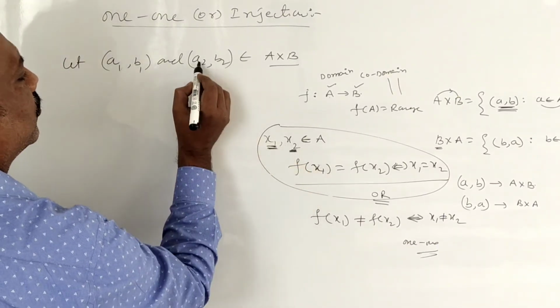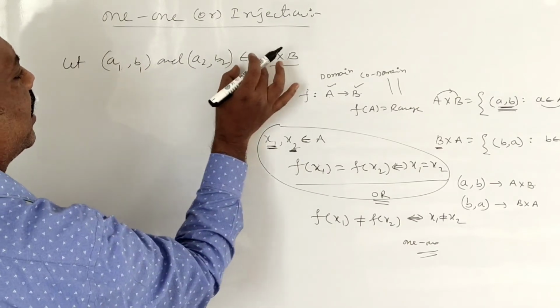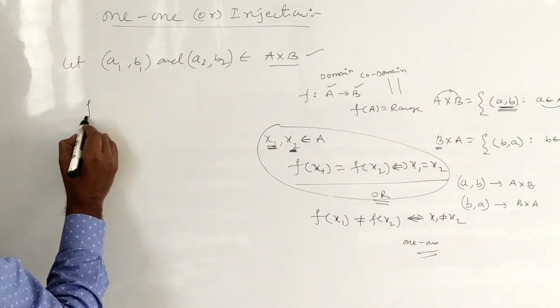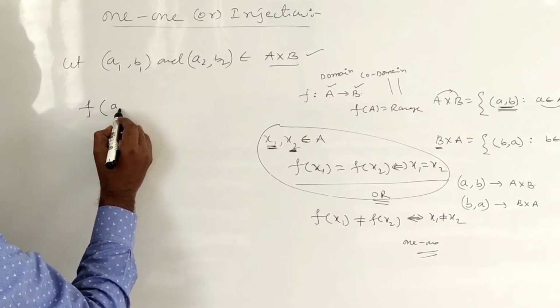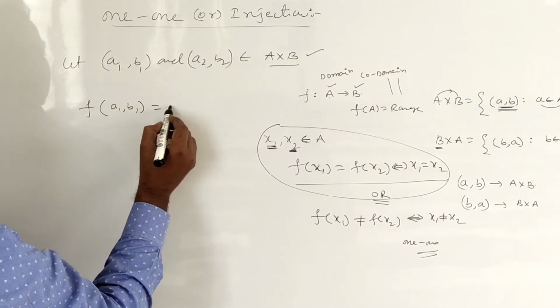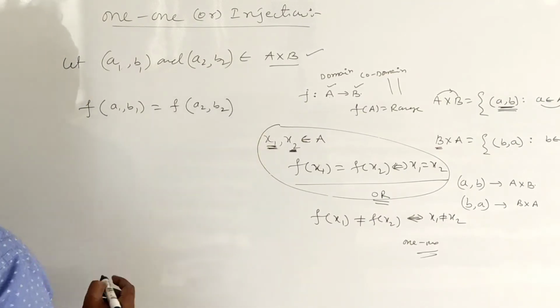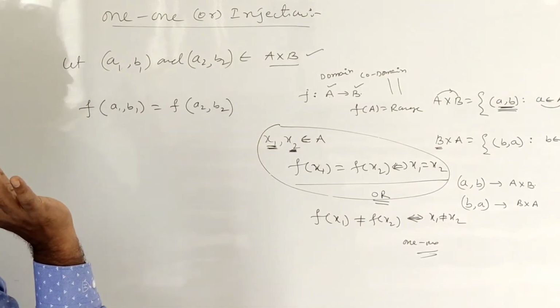If there is a 2, A2, B2. These two elements in A cross B have to satisfy f of A1, B1 equal to f of A2, B2. You have to satisfy this condition.